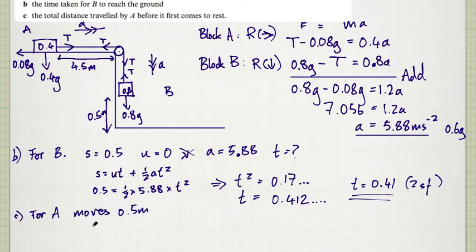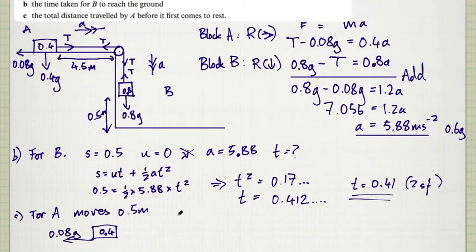And then at that point, we have the block A with the force acting backwards on it, 0.08 g. No force acting forwards at all. We're going to have to calculate a new acceleration, and all we need here is a velocity. It still weighs 0.4. We need to know its velocity as it starts here, so that we know how long it's going to take to slow down.